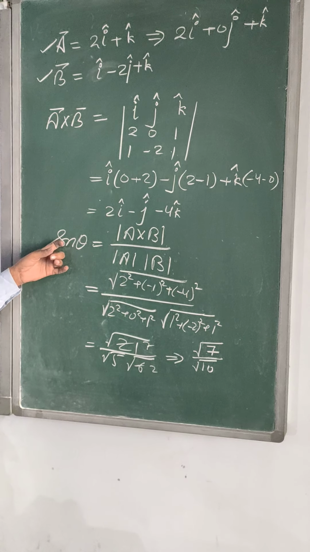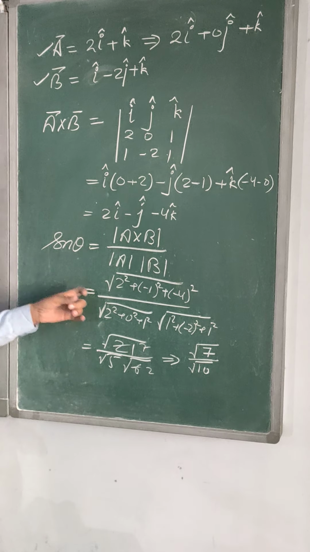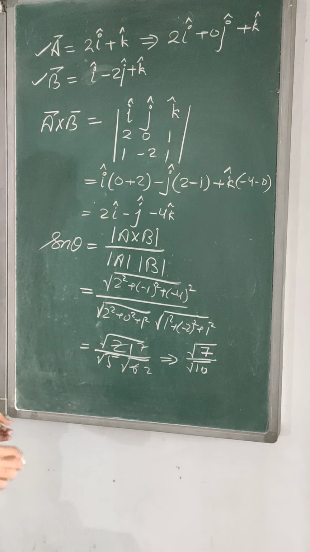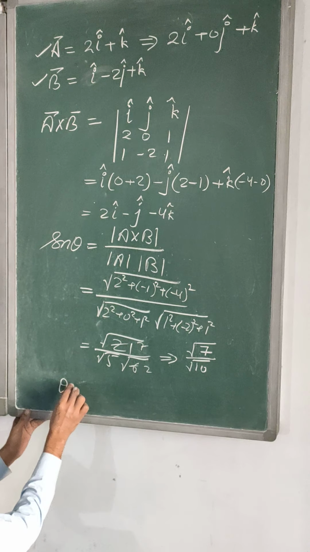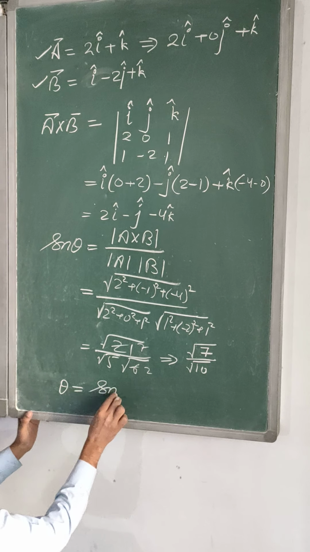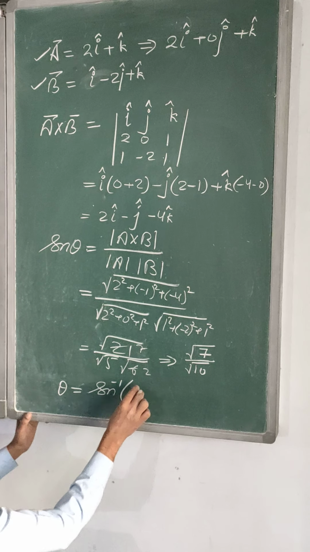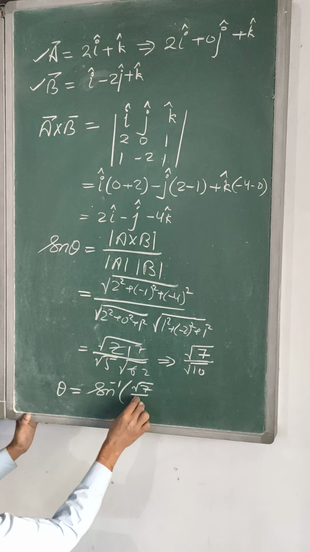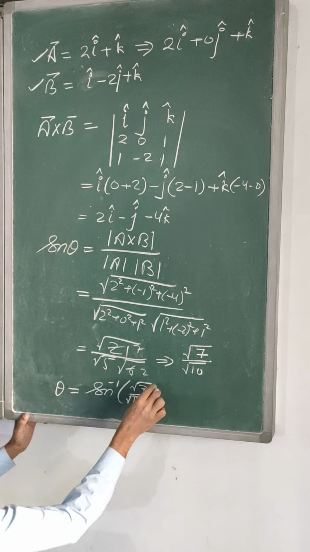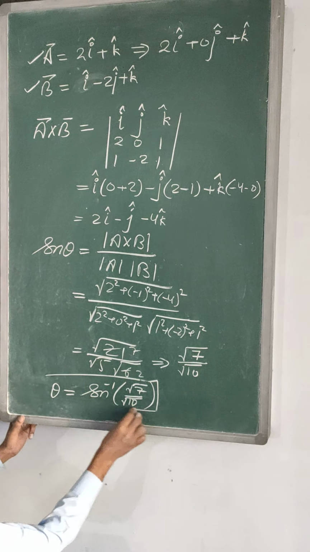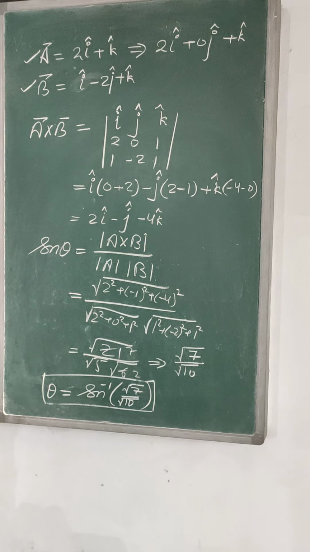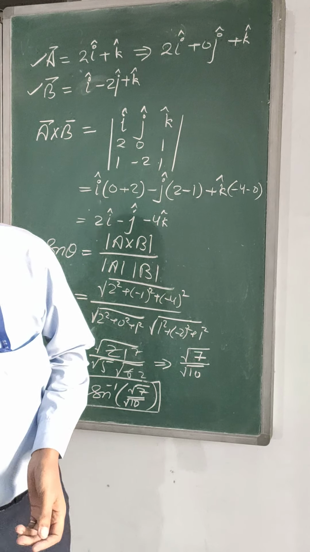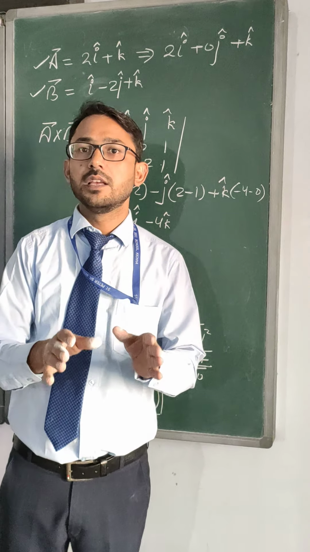So the value of sine theta comes out as under root 7 upon under root 10. That implies theta will be sine inverse of under root 7 upon under root 10. This will be the angle between the given two vectors A and B. So this way we can solve the questions.